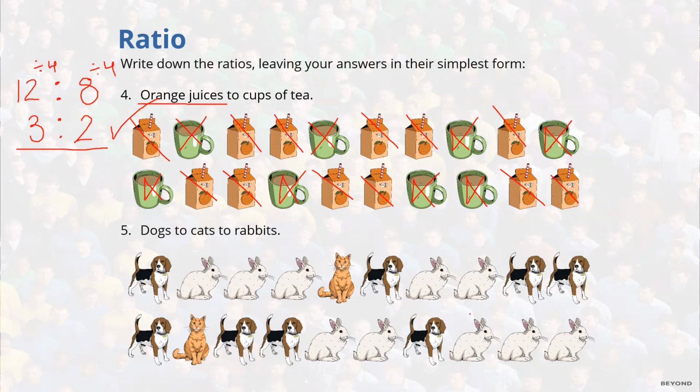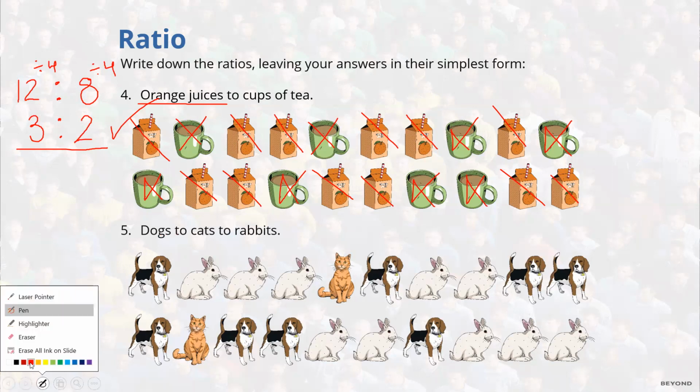All right, let's go to number 5. You want to try number 5? Okay, good. How are we going to do number 5? Remember, it's the dogs, the cats, the rabbits. Count all the dogs first.